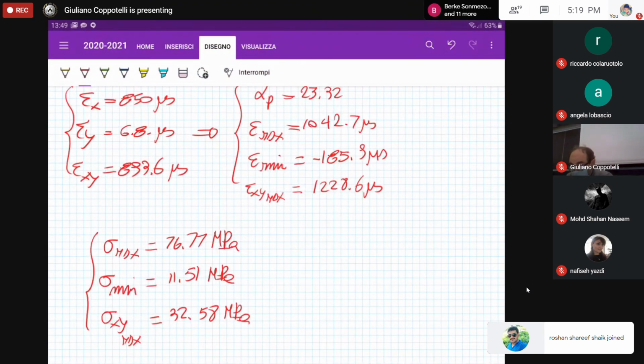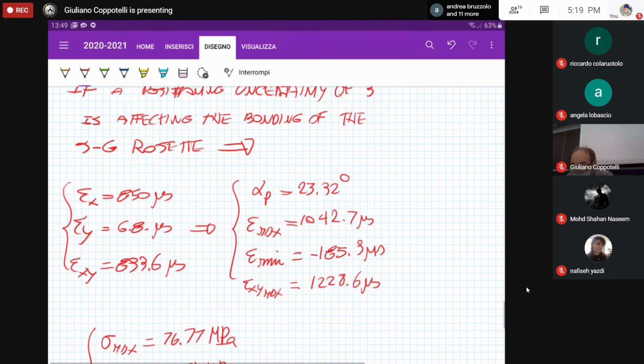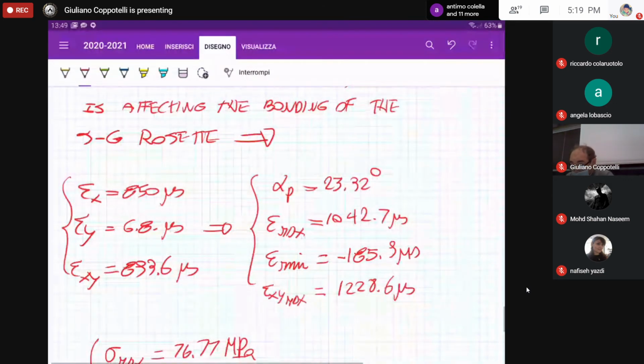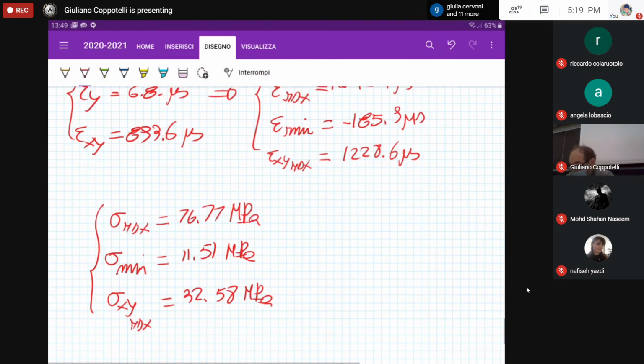There is a lot of effect on the estimate of the principal direction and principal values. That's the reason why we are not using self-made strain gauge rosettes: the positioning error, the uncertainty in knowing the right angles, is giving us a lot of error when referring to the estimated quantities in terms of the principal angle, maximum and minimum normal strain, maximum shear strain, and so on.